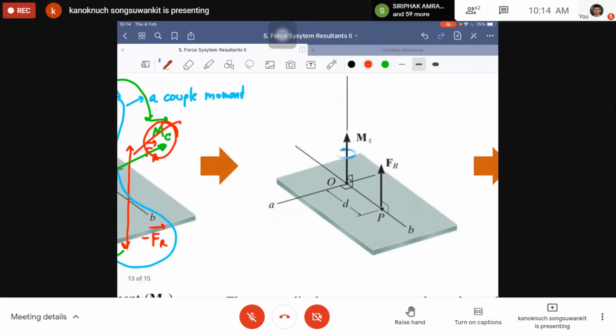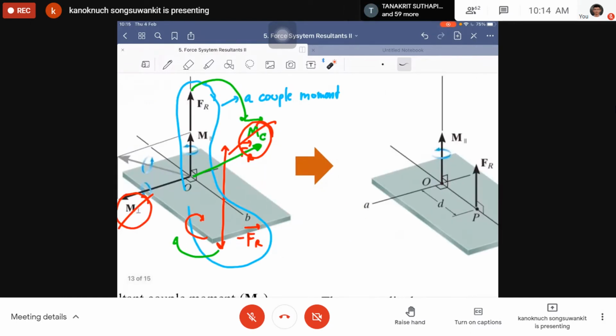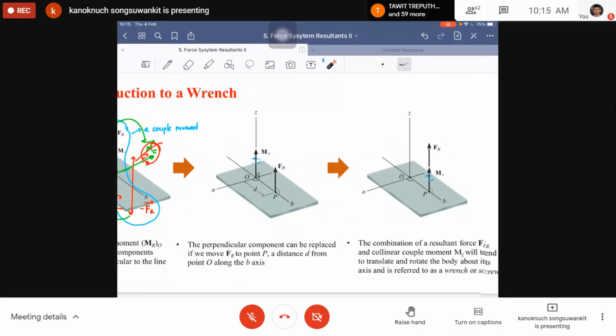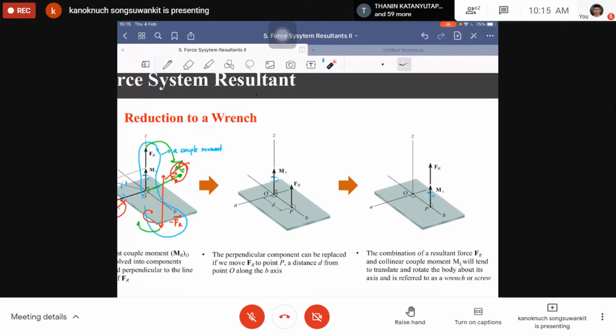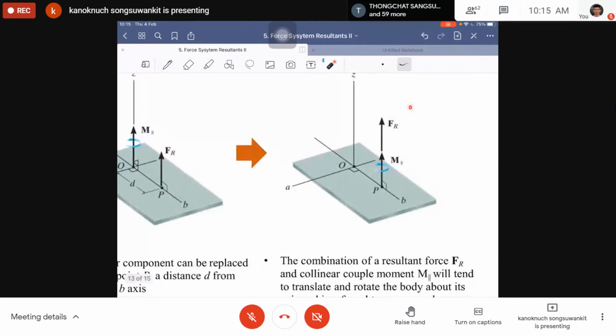And then it's like we move this force F from the point O to any point P. And because M perpendicular has cancelled with the couple moment produced by the force moving, then we have only M parallel left. And this M parallel is also a couple moment. So let's move it and share the same origin point with FR, and you have the third system.